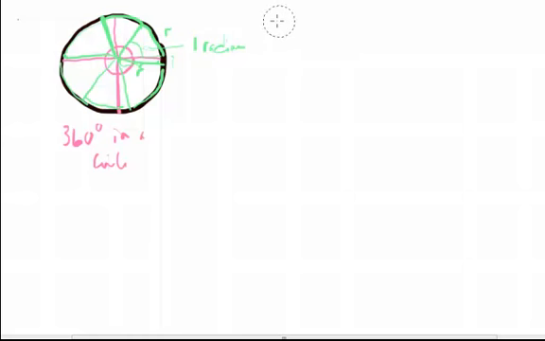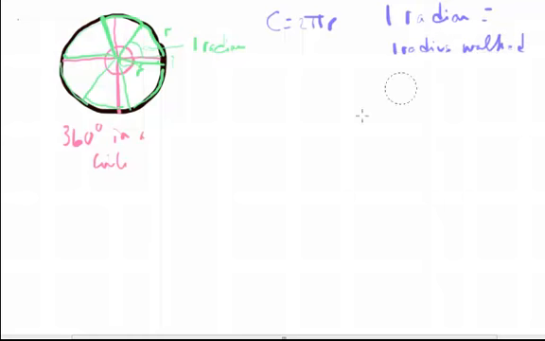What do we know about a circle? We know that the circumference is given by 2 pi r. And I also know that 1 radian equals 1 radius walked.